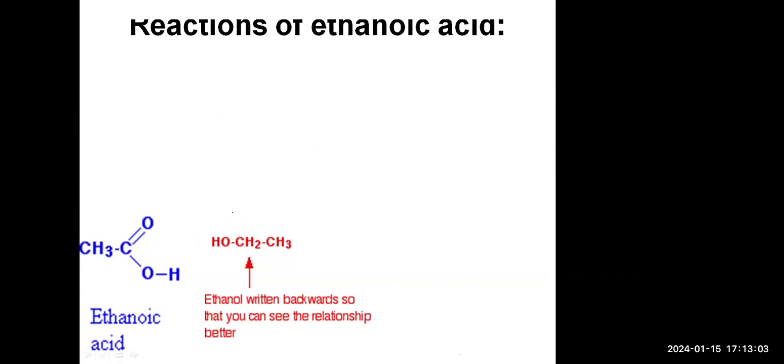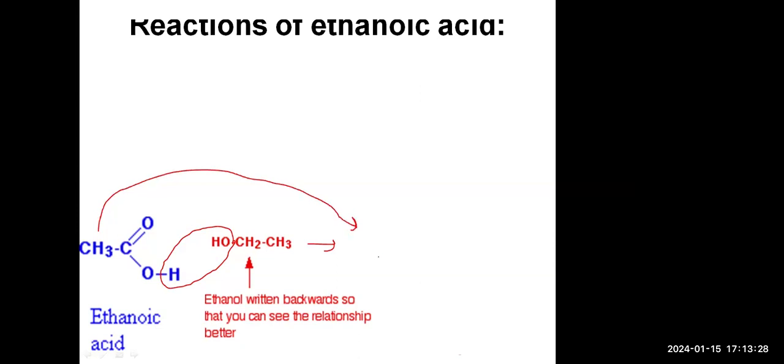Now what happens is they react in the presence of acid H2SO4. Again, water molecule is removed, or rather you understand it in this way, water molecule is removed. So let us see what is left behind.